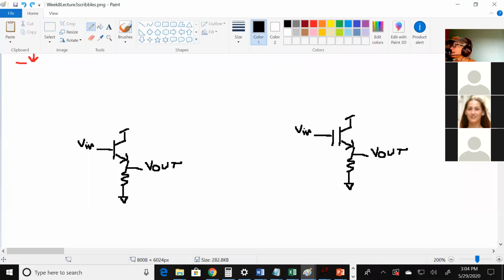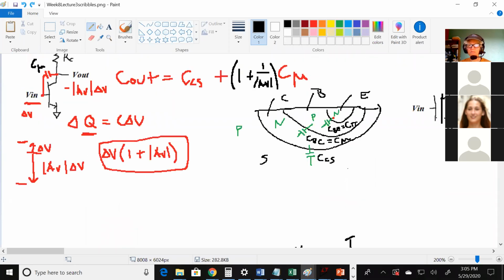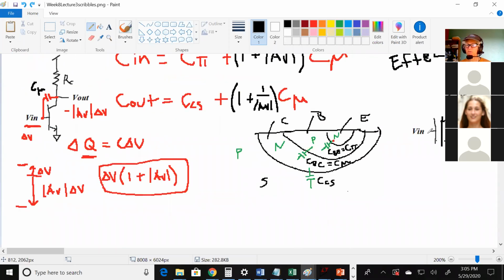Yes, at higher frequencies, current goes onto them and off of them. And that's why sometimes, even in a common source amplifier, you'll see a resistor on the input, but gates have infinite resistance. So why would you need a resistor? It's because there's capacitance here and current goes onto that capacitance and off of that capacitance.